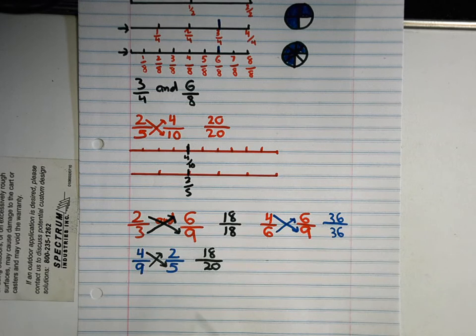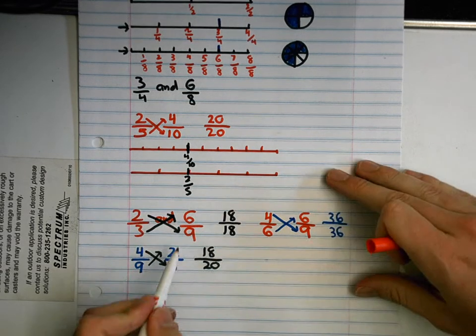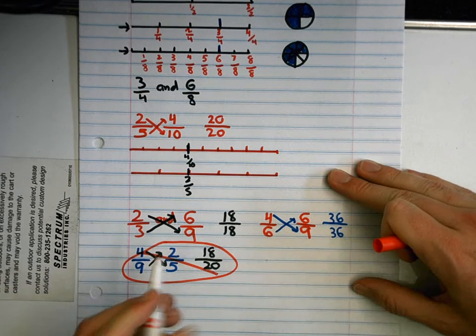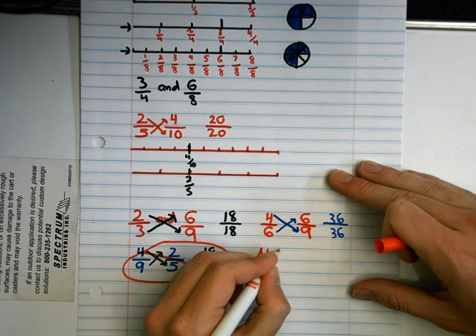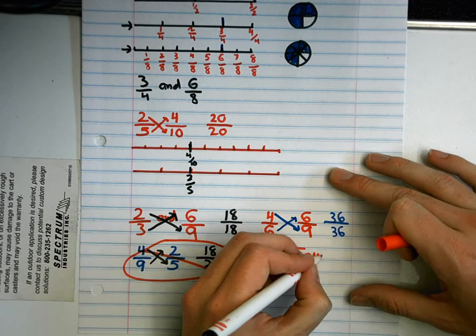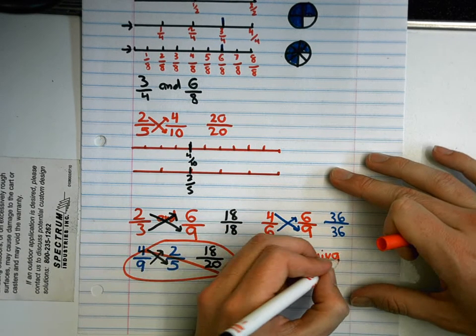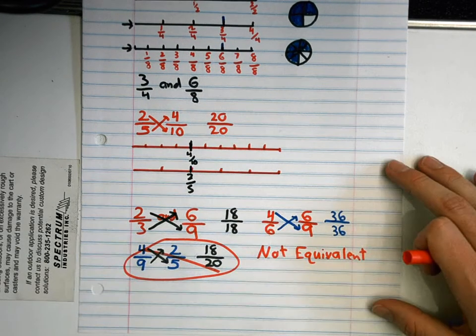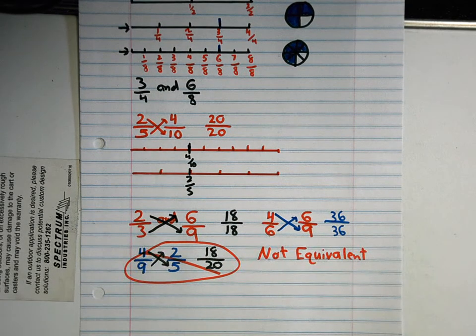So are these equivalent? No! Not equivalent. So the easiest way when we have two fractions to tell is by cross multiplying.